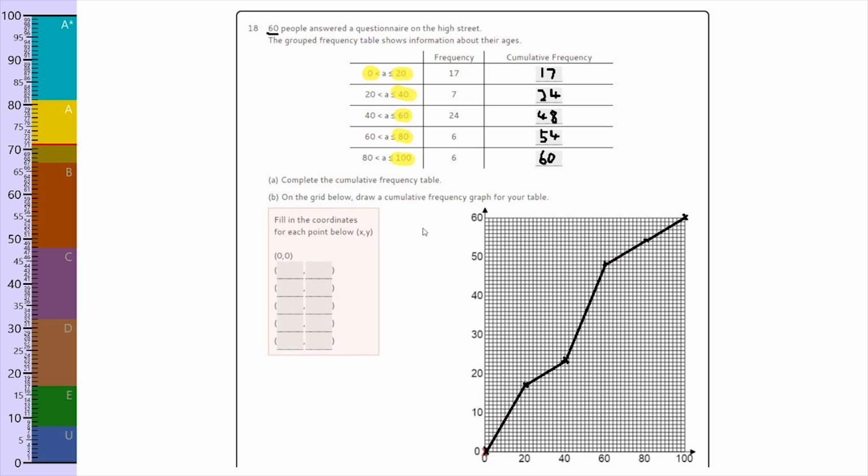Now I don't think I can move off this to look at the next questions, but I think question C is find the median, I assume. So I mean, I did write it, but it was a while ago. So I know that there's 60 in total, so to find the median I need to go across from 30, across and down, and draw it on so the examiner can see that you're doing it.